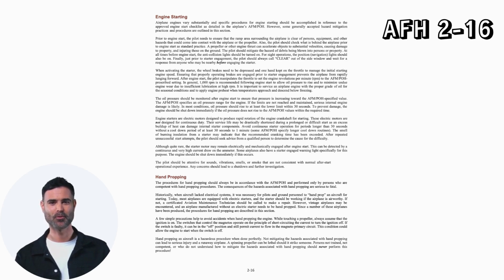If the limits are not reached and maintained, serious internal engine damage is likely. In most conditions, oil pressure should rise to at least the lower limit within 30 seconds. To prevent damage, the engine should be shut down immediately if the oil pressure does not rise to the AFM/POH values within the required time.